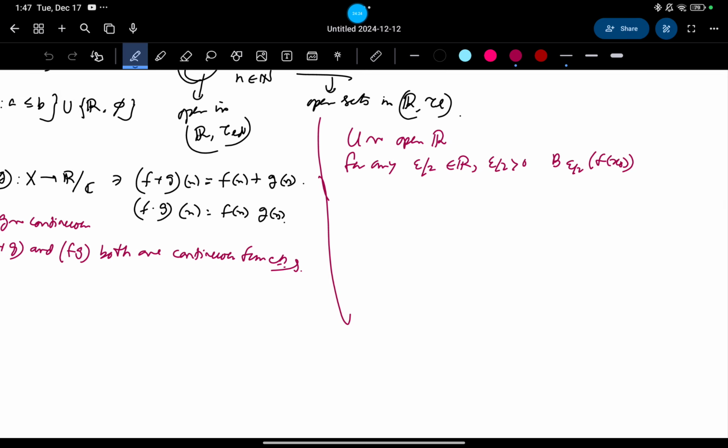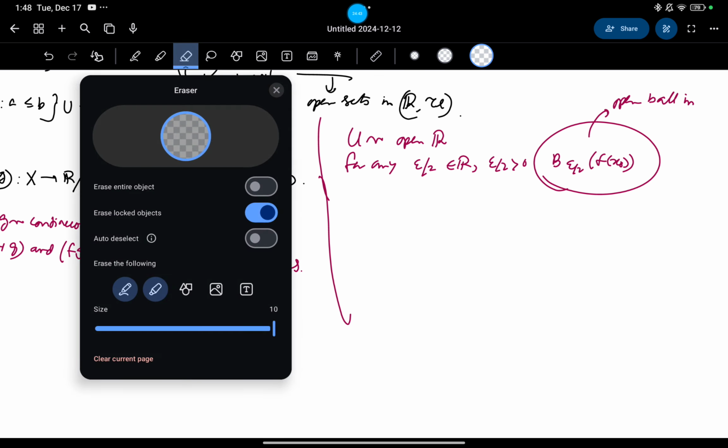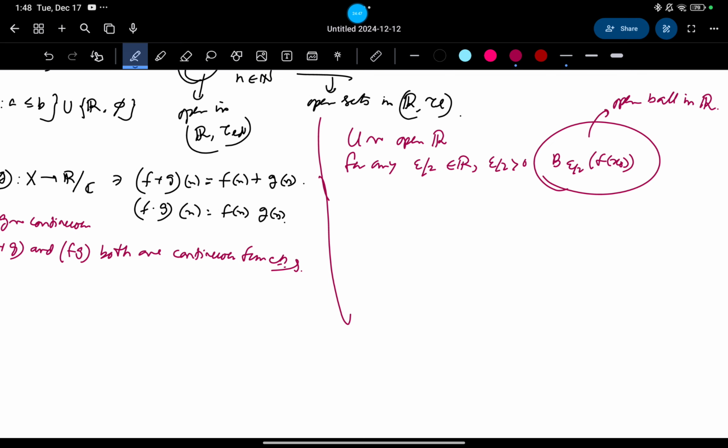So this is an open ball in R. We take any x naught belonging to X, such that f of x naught belongs to U. Means, what we have to choose?